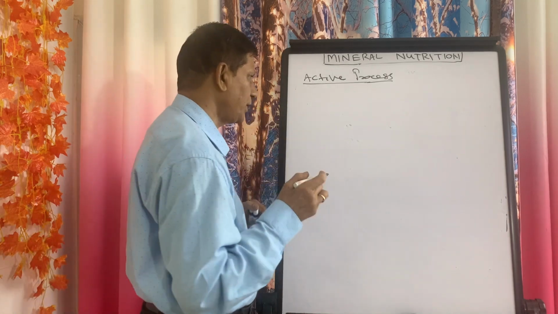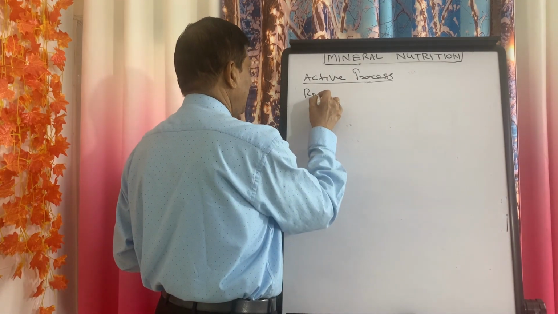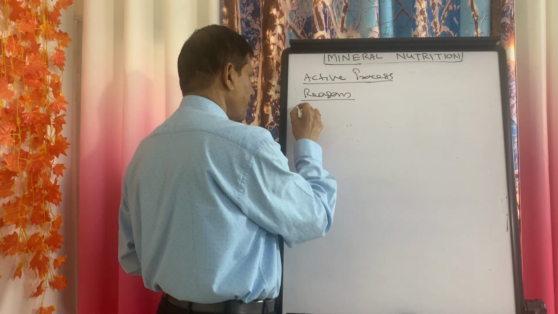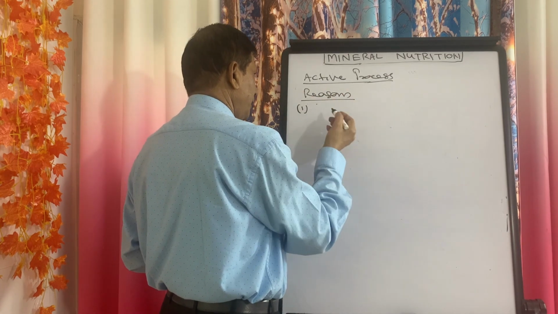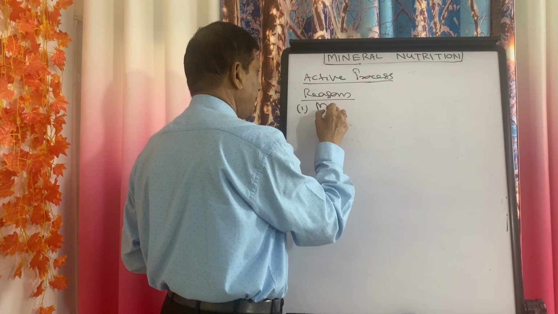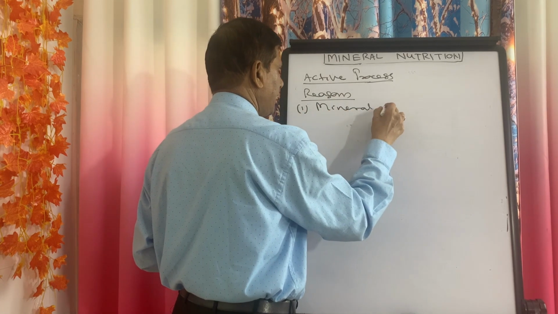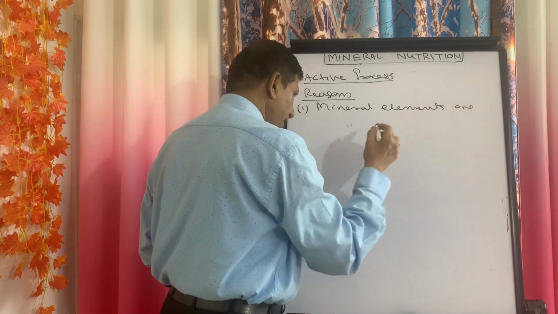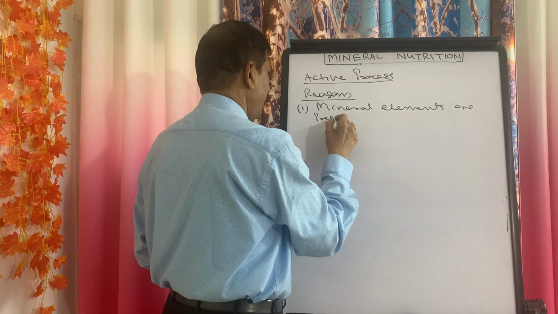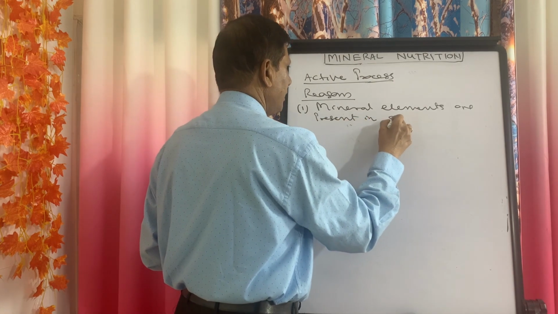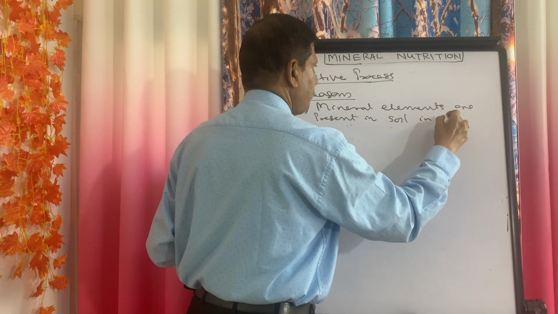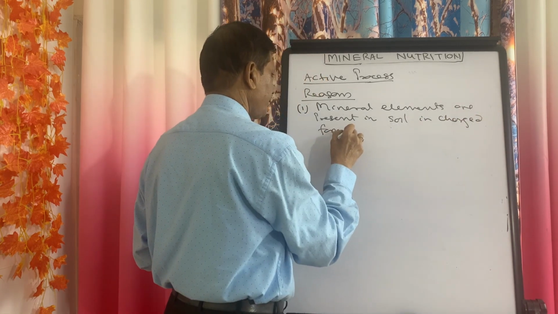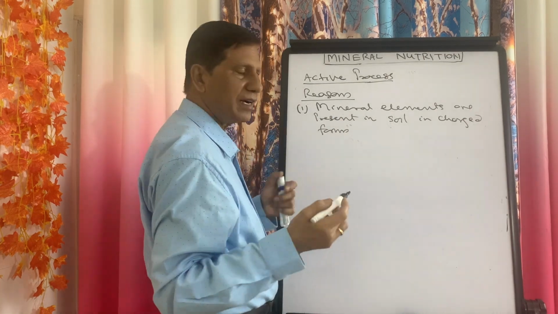Why? Because of two reasons. So there are two reasons why they cannot come passively. Number one, the mineral elements are present in soil in charged forms. That means in anionic and cationic form.